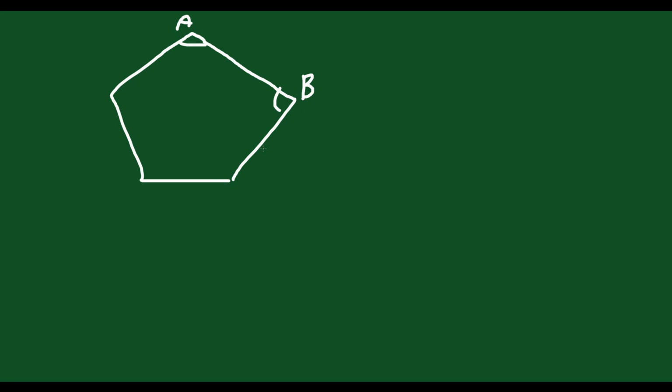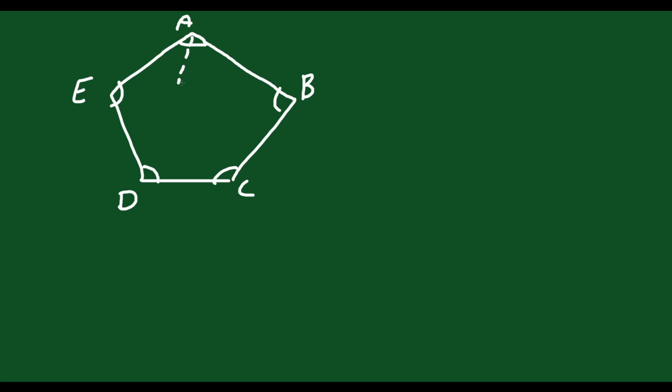So another example would be if you have a pentagon, like 1, 2, 3, 4, 5. Make them connect like that. So a 5-sided shape where you have angle A, angle B, angle C, angle D, angle E. What are these going to add up to? Well, how many triangles can I have, right? Like, what's the fewest amount of triangles that I can fit in here?